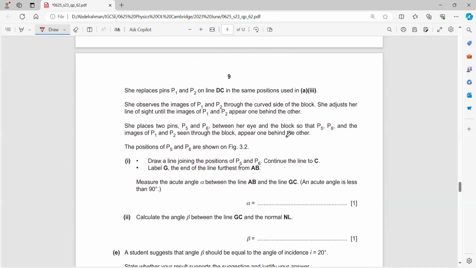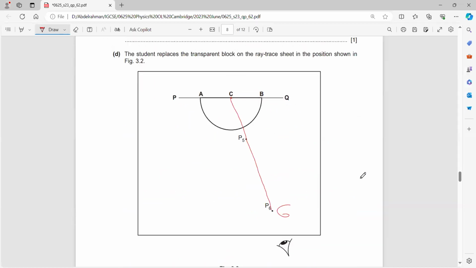Measure the acute angle alpha between AB and GC. Can I find the acute angle between AB and GC, the one which we just drew? I need to measure this angle. If we measure this angle using the protractor, it would be around 69.